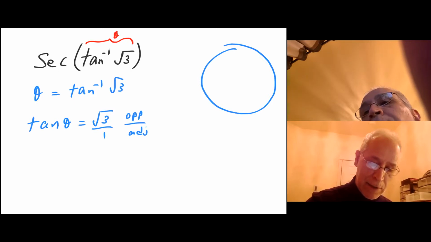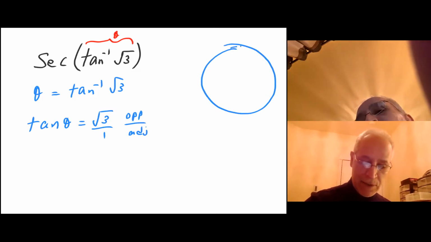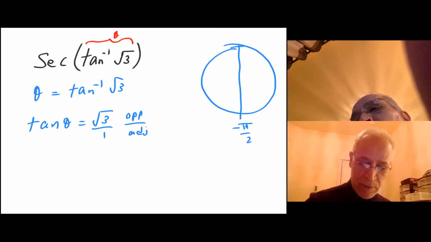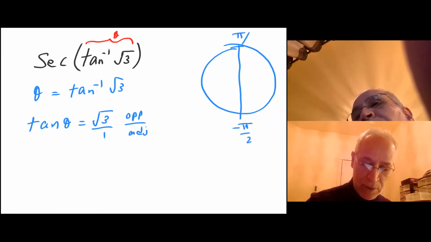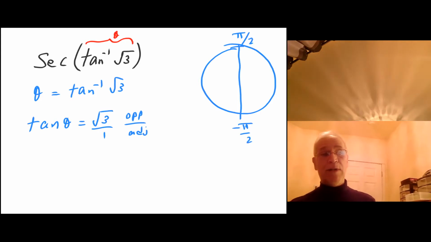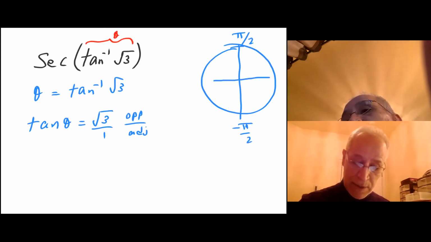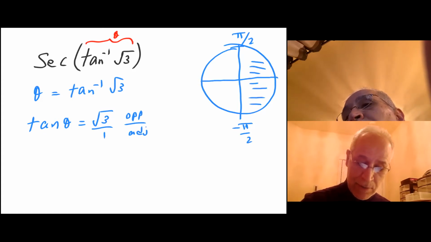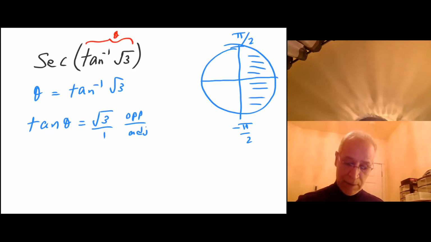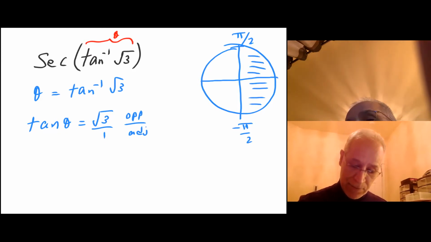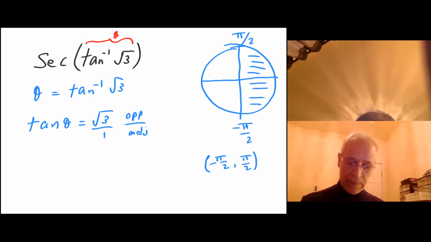Remember that the domain for tangent inverse is from negative pi over 2 to positive pi over 2, and negative pi over 2 and positive pi over 2 are not included because tangent is undefined there.